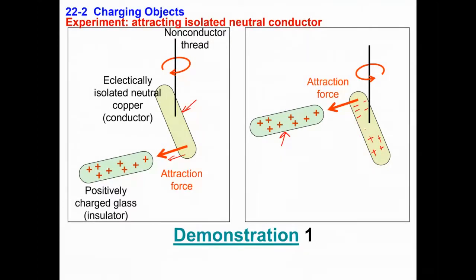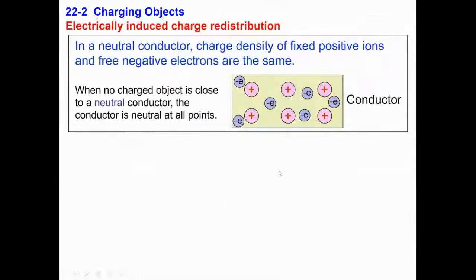So basically it's charge redistribution because the free electrons are attracted to the positive charge, and that's why we have the attraction. Okay, all right, so this is what we started with, a neutral conductor where the negative charges and the positive charges were distributed uniformly in this conductor, and there was no net charge.